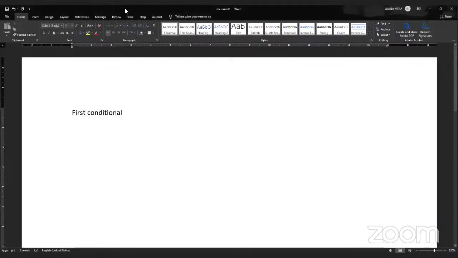Okay, so now let's focus on the first conditional. Like the zero conditional, its structure is basically the same.